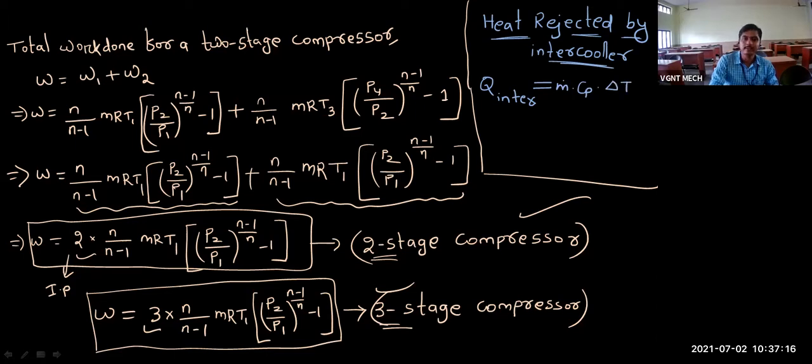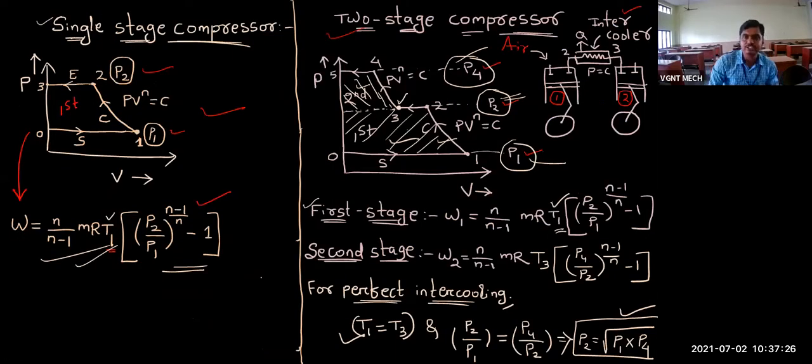So it will be equal to mass flow rate of air into specific heat of air into delta T. What is the temperature difference across the intercooler? For this intercooler, the inlet temperature is T2 and outlet temperature is T3. So T2 minus T3 because it is rejecting the heat. So T2 should be greater than T3.